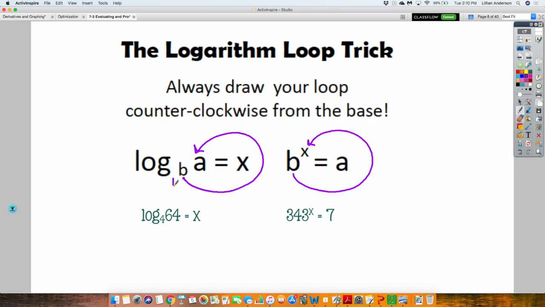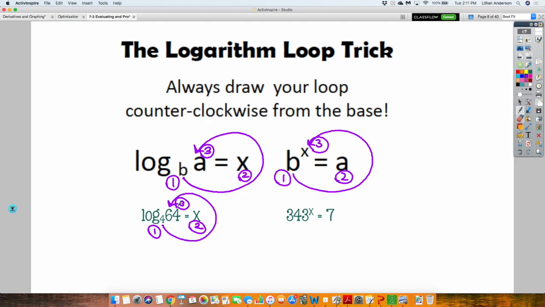So you start with your base, you'll hit your exponent, and then your answer. Same thing here: base, answer, exponent. That's how you go from one to the other. This is called the logarithm loop trick. You start here, you're here, and then you're here.